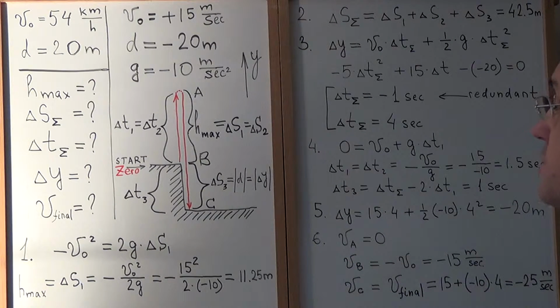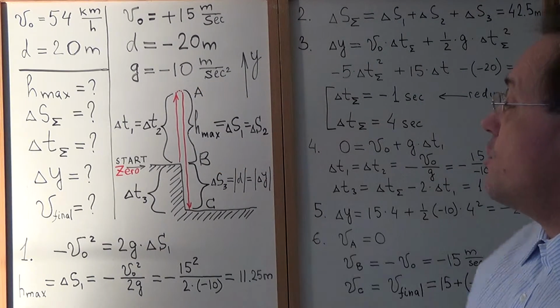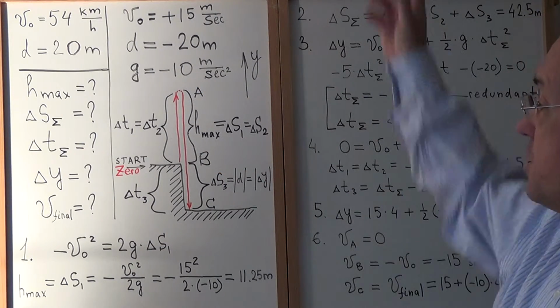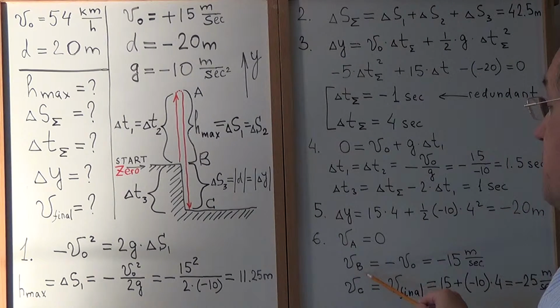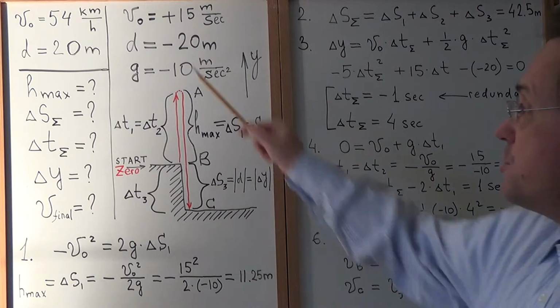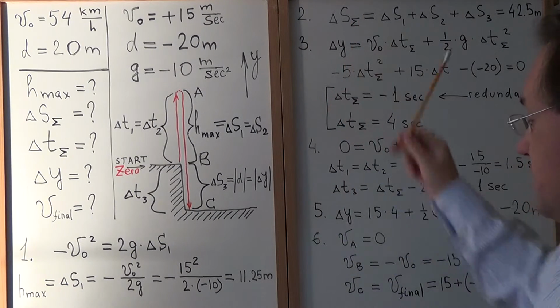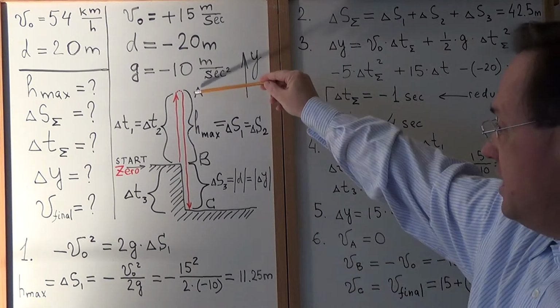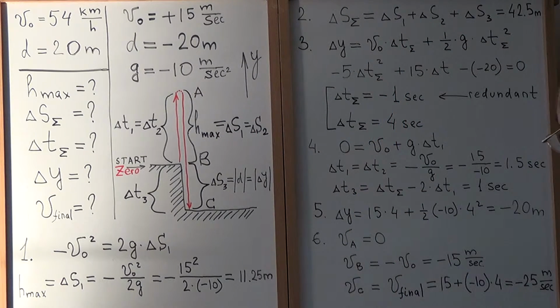Number 6, let's talk about velocities. Velocity at point A is 0 because the rock stops at that point. Velocity at point B, by absolute value, equals the initial velocity, but it's opposite. Initial velocity is in the up direction; when the rock falls down, the direction of velocity is down.